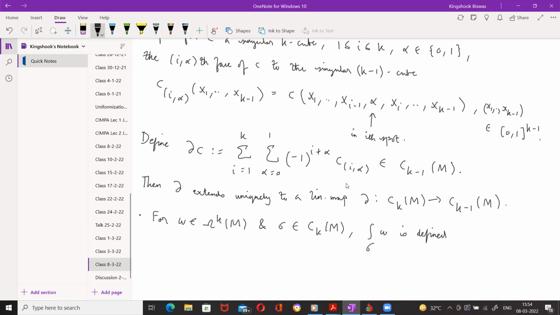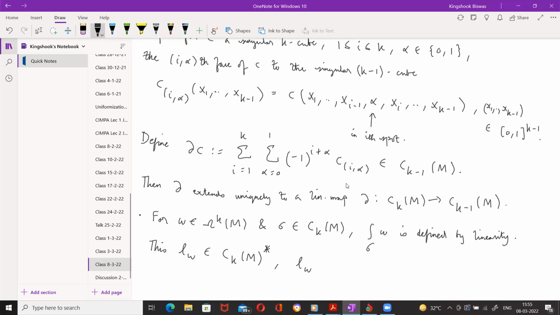And so therefore, this extends uniquely to a linear function on the space of k chains. So this defines L omega, which is an element of the dual of the k chains.